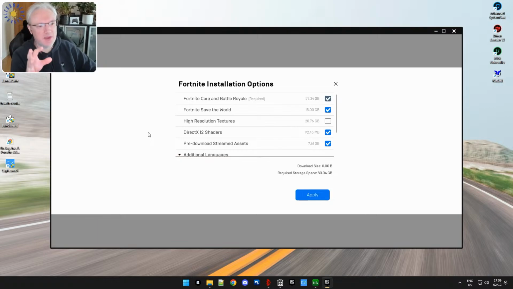So I think Epic are only focusing on DX12 now. I really do. I don't think they care at all about performance mode. So the game is super smooth because it's pre-downloaded these files already. That makes sense?